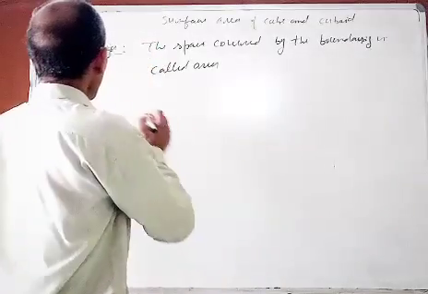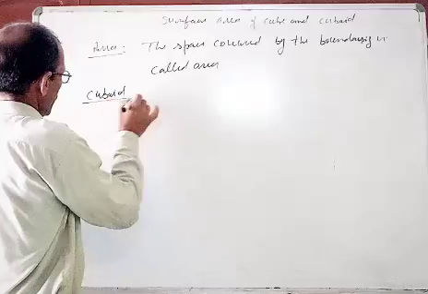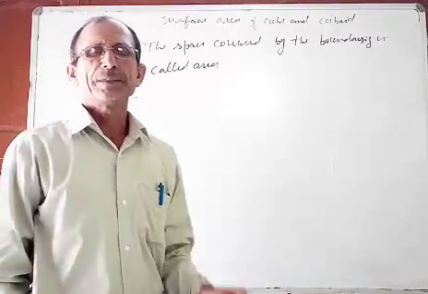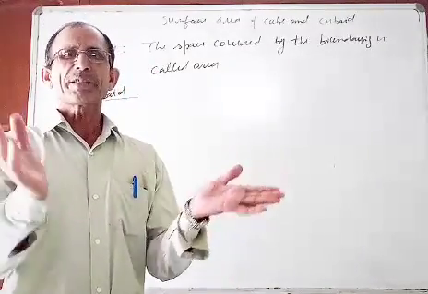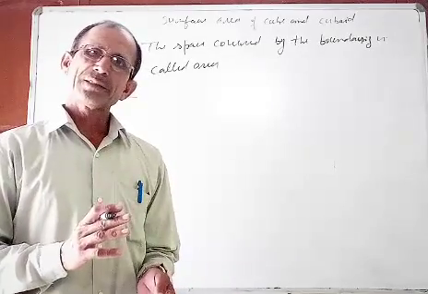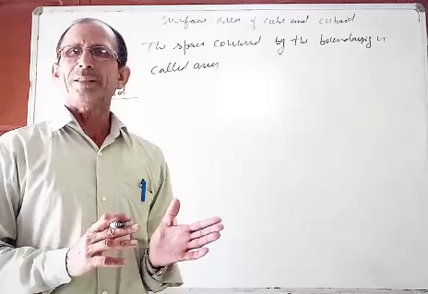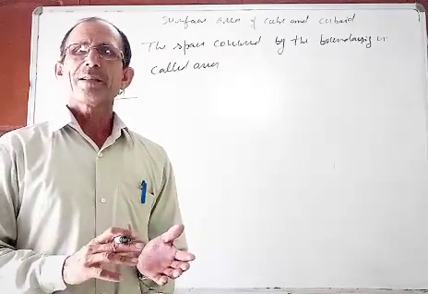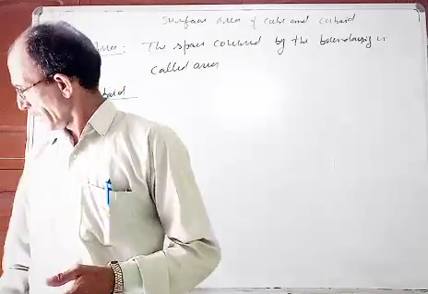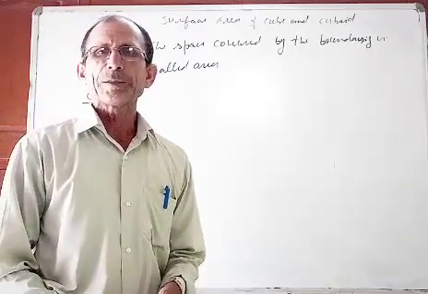So first, what is a cuboid? A cuboid is a solid shape which has 6 faces, 8 vertices and 12 edges. You can give the example of any book.